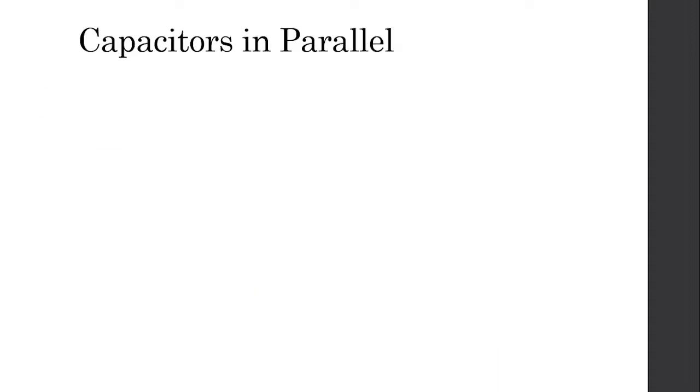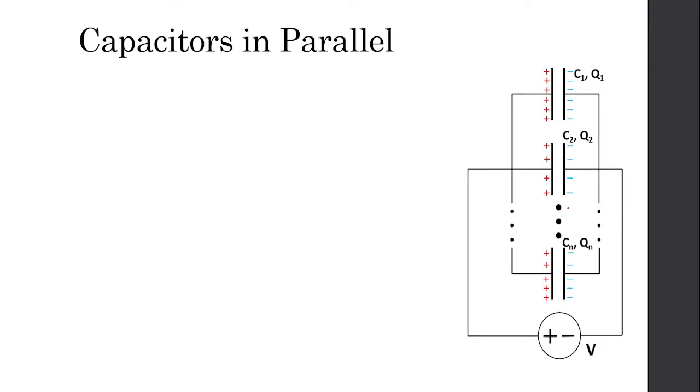Now let's talk about capacitors in parallel. Capacitors in parallel are a little different from capacitors in series. But how are they different? Well, first remember that for capacitors in parallel, each individual plate of all your capacitors is connected. One plate is connected to one side and the other is connected on the other side.